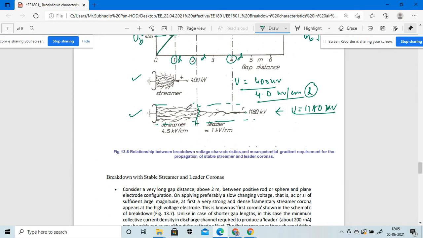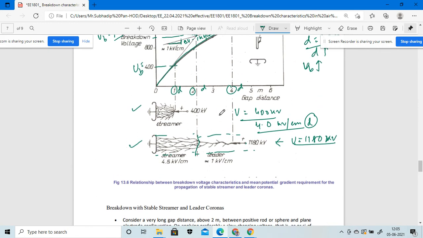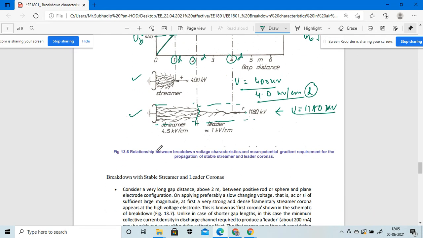That thing we will discuss today. This particular figure will be considered as a relationship between the breakdown voltage characteristics, that means breakdown voltage UB, and the mean potential gradients required for the propagation of a stable streamer, as well as the leader corona. If I apply the voltage of 40 kV, there must be only the streamer corona.